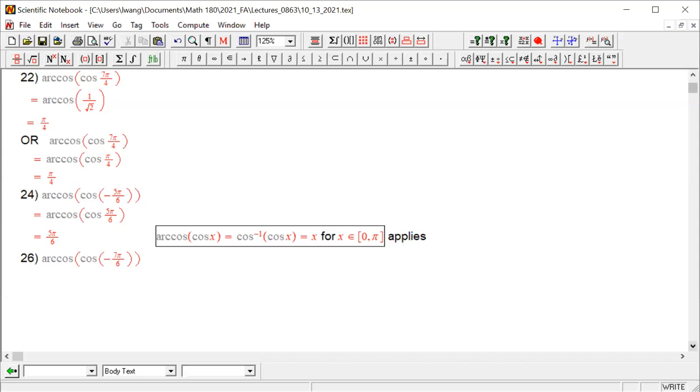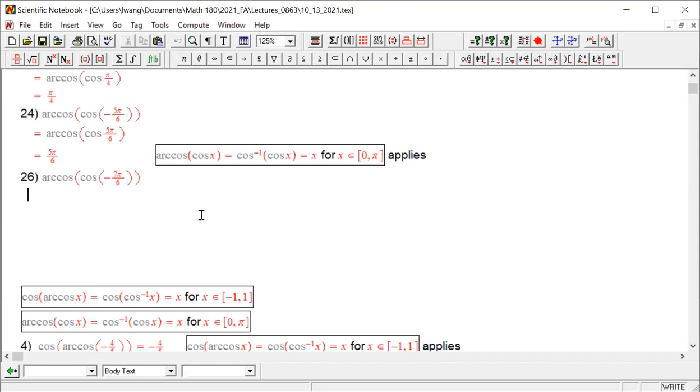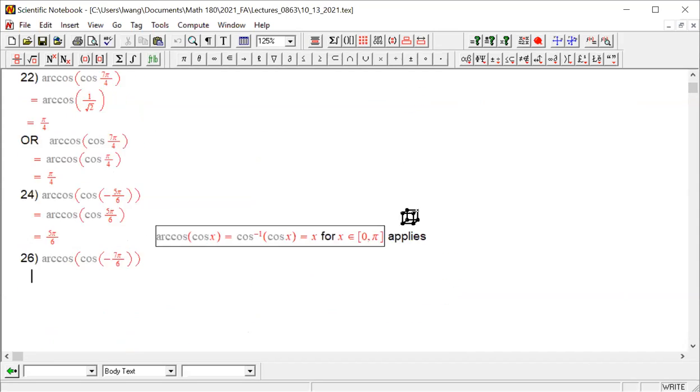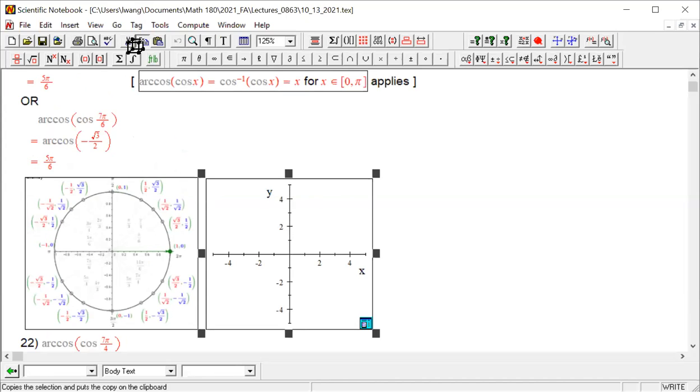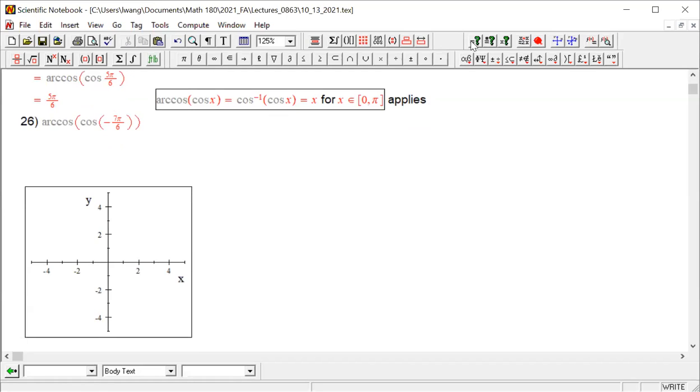On the last one, I could use the even function, odd function property. I could, but look at this. Suppose I have that reference angle in my mind.